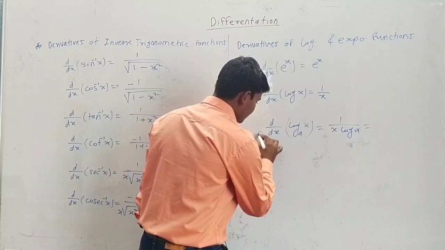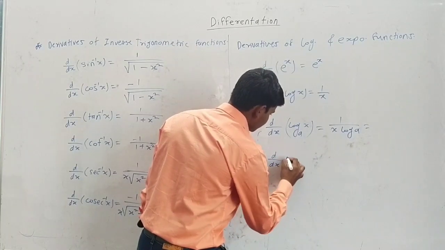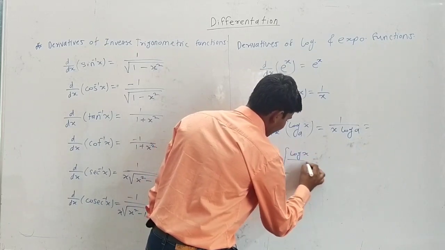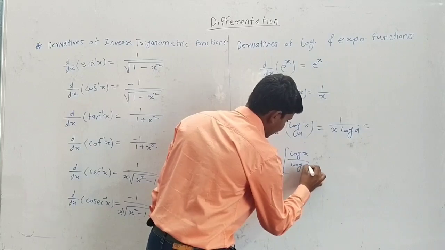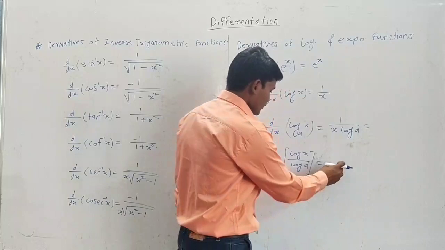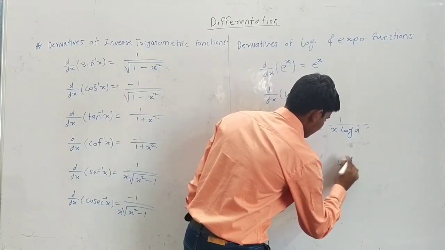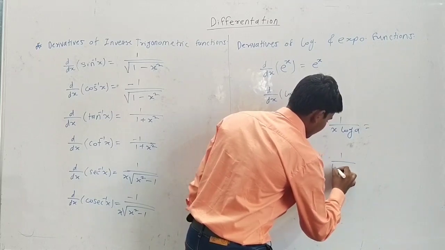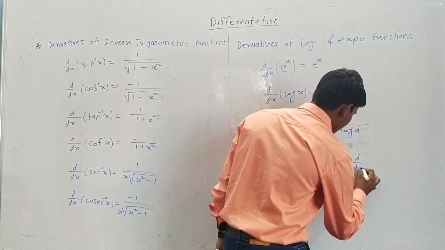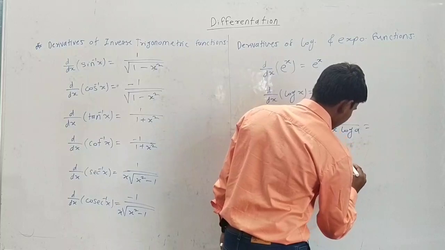I am explaining this. dy dx of log x by log a, but here log a is a constant, so it comes out, that is 1 by log a into the derivative of log x, that is 1 by x.